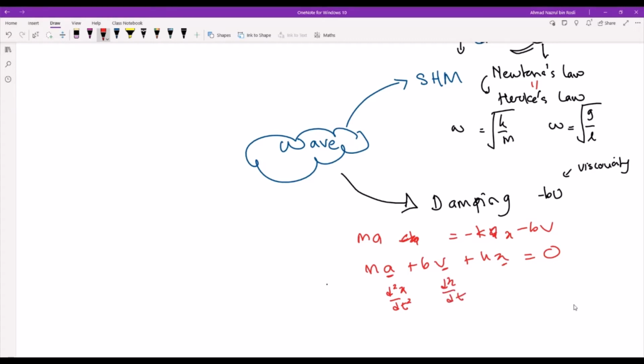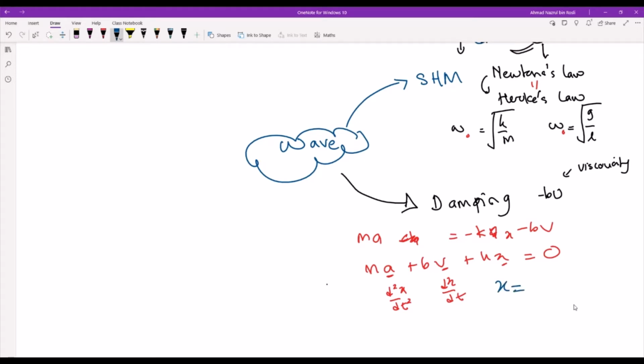There is a solution there, a little bit complicated, which is why you need to learn about chapter 2. Finally, you can get the value of x. Basically, this omega we can call omega naught, the omega without friction. It will produce a new omega, and for damping the value of x will be different.